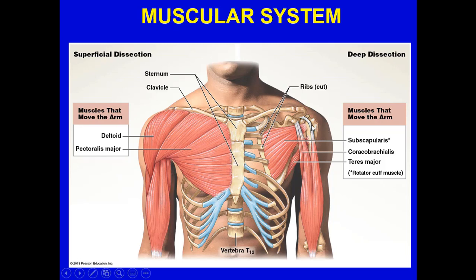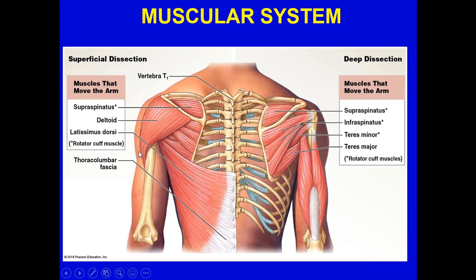By the way, you can see a clear attachment here to the humerus. The coracobrachialis, which is this little guy right here, underneath the biceps brachii. The teres major, underneath here, also is attached to the humerus.